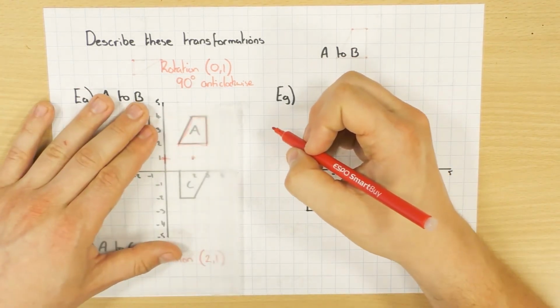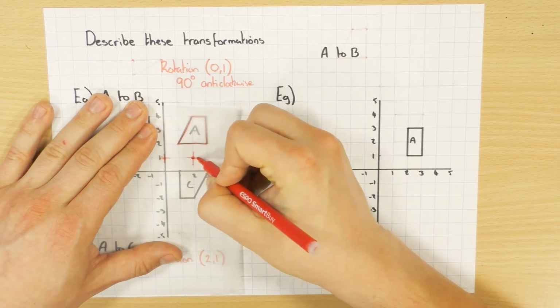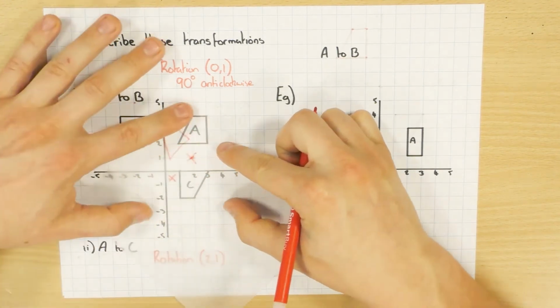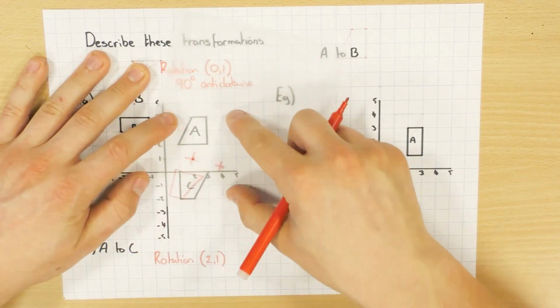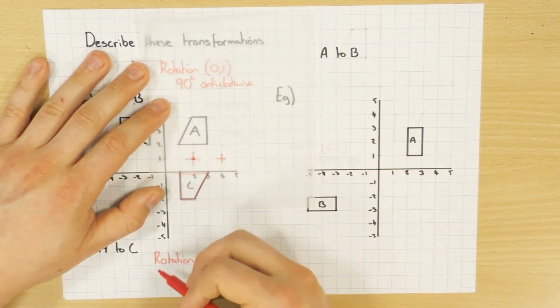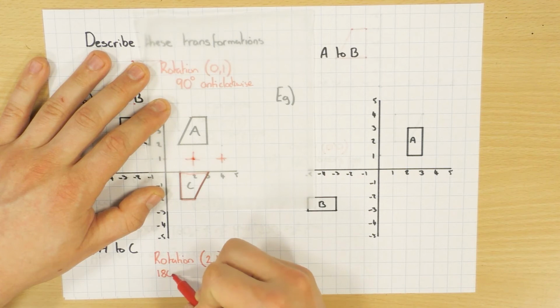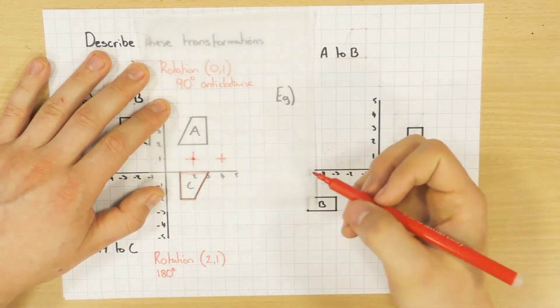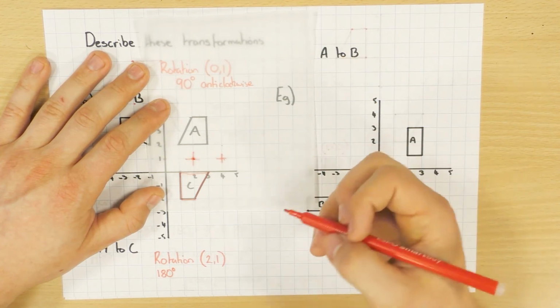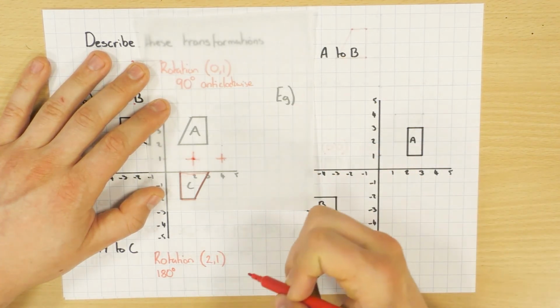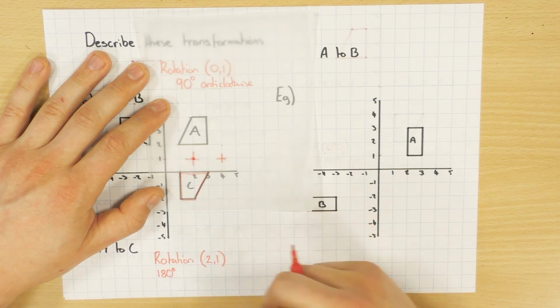So on the tracing paper, there's my cross. So there's 1 turn and 2 turns, so it's 180 degrees because it's 2 turns. And again, you can say clockwise, anti-clockwise. It does not matter. You won't lose any marks. You could just leave it like that, or you could put both, clockwise or anti-clockwise.